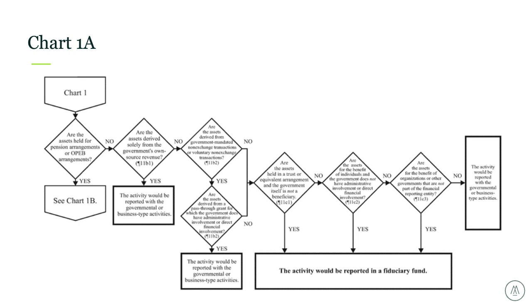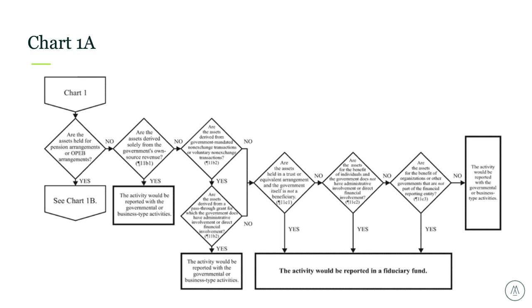So as you can see, you're either going to say that does the revenue come from solely the government's own source revenue, or even potentially non-exchange revenue sources. And if it does not come from the government's resources, then you have some additional questions to evaluate here.